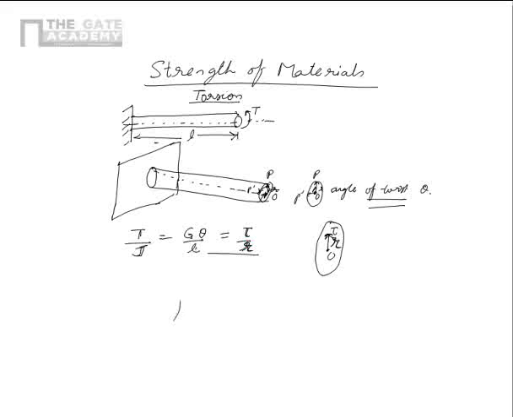So for a circular cross section of radius capital R, the value of J, or polar moment of inertia, is given by pi by 2 R to power 4.